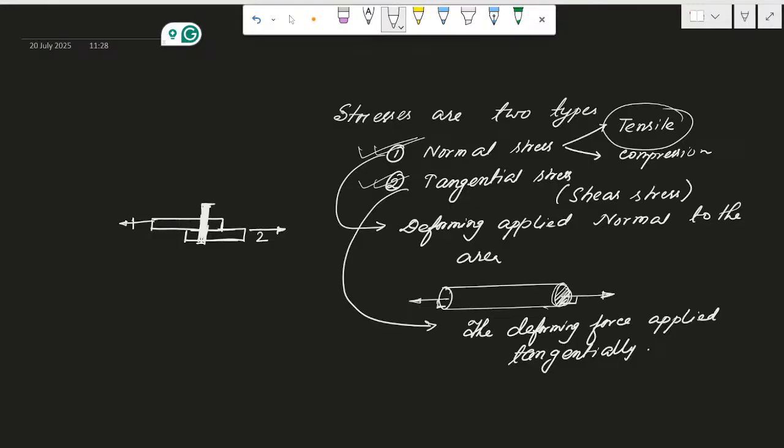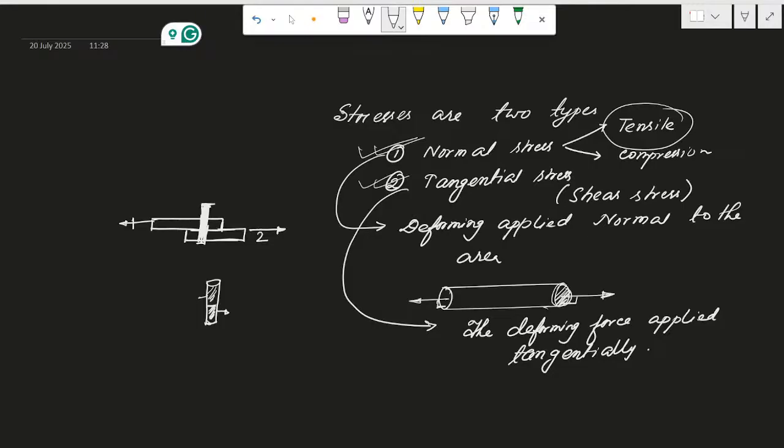Now if you apply force on the two plates in opposite directions, what will happen to that bolt? This is the bolt, and the bolt is actually cylindrical. Think about it. The lower portion of the bolt is experiencing a force in this direction, and the upper portion is experiencing a force in this direction.